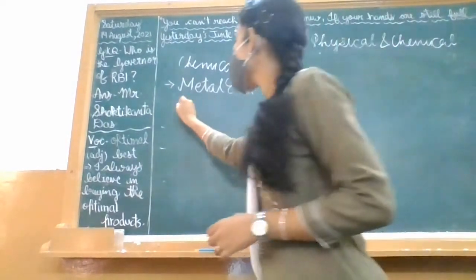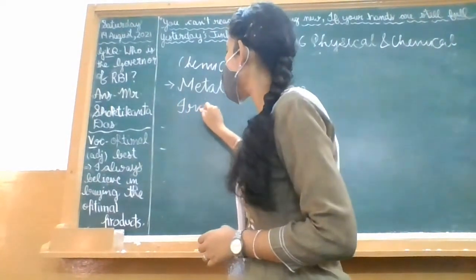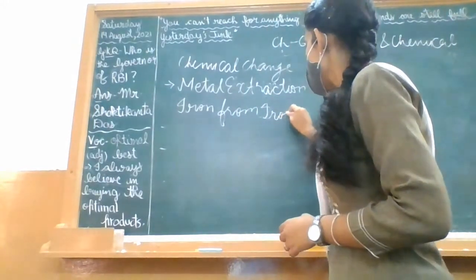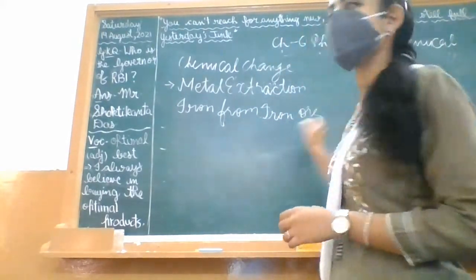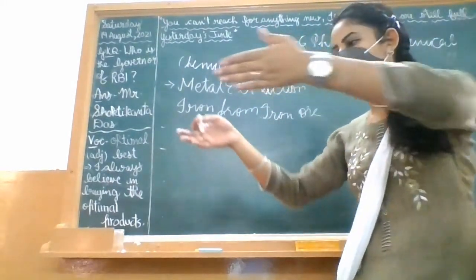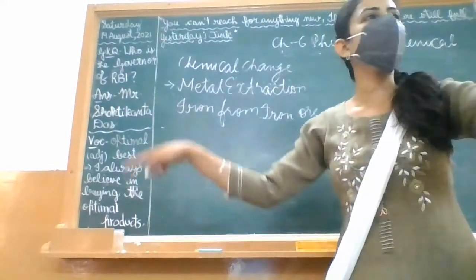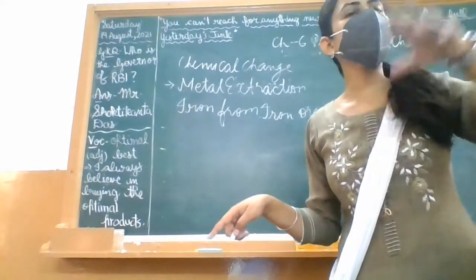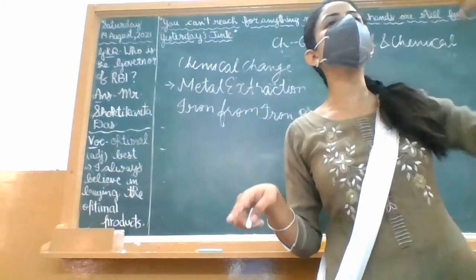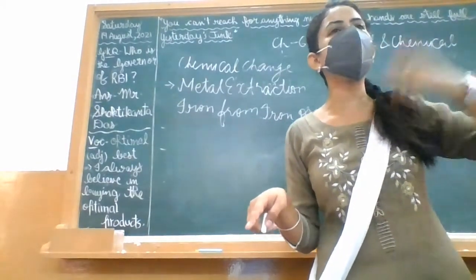Okay, so in metal extraction, iron from iron ore. Yes, there are chemical reactions, because iron is not present as a whole block of iron. No, the iron is present in the ore, so from that ore we have to separate and obtain the iron.